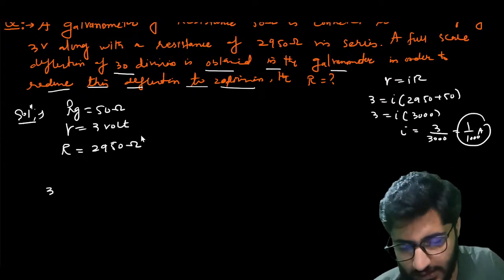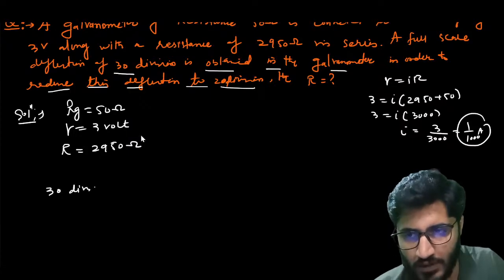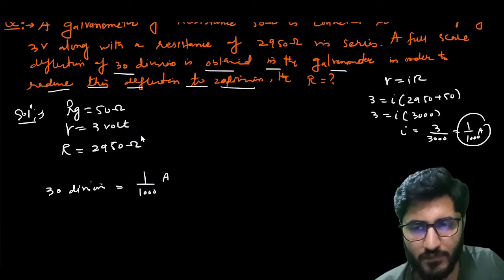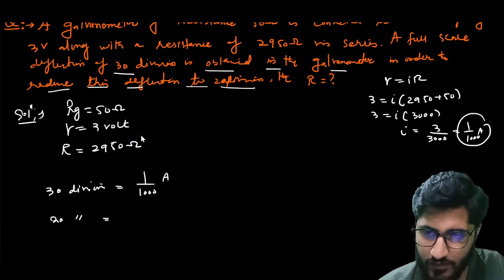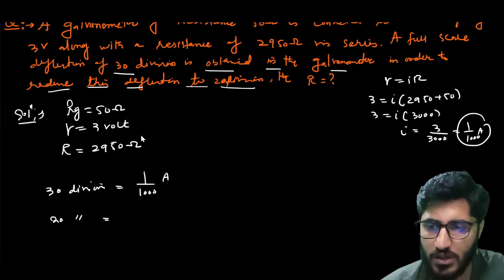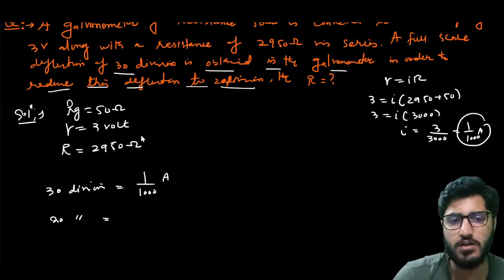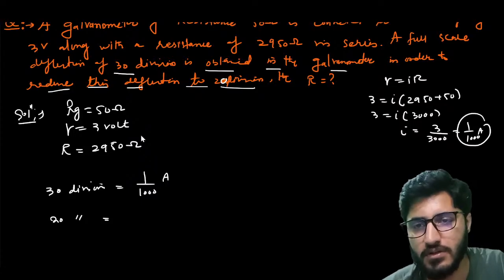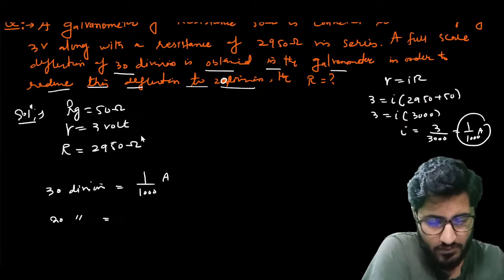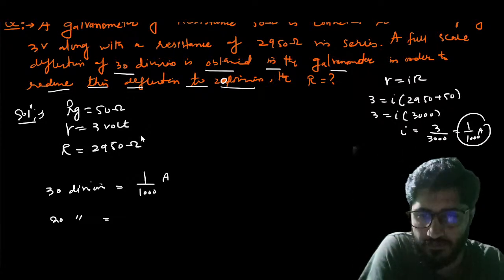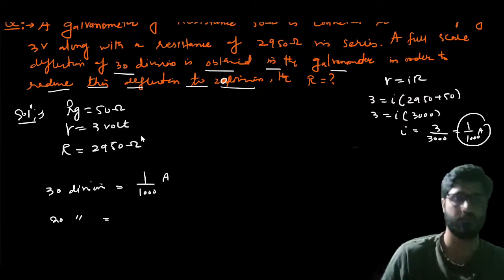That means in 30 divisions, my current is 1/1000 ampere. So in 20 divisions, I guess we have how much? Yeah, in 20 divisions. What do I need to write now? One second.